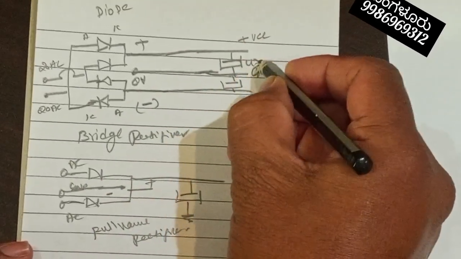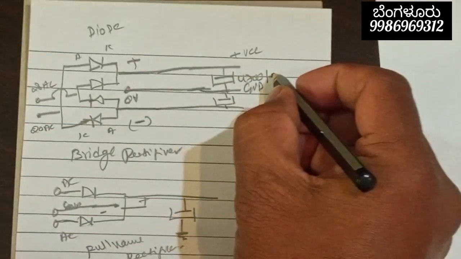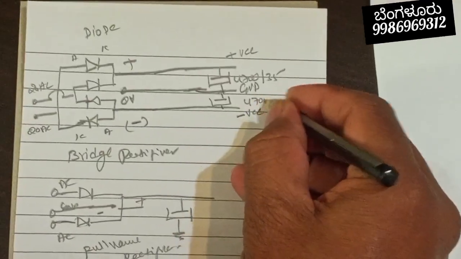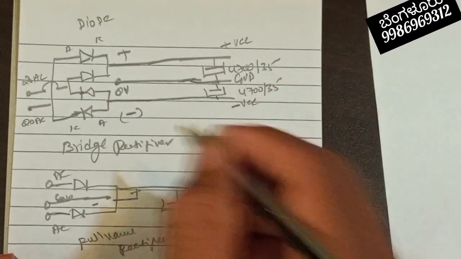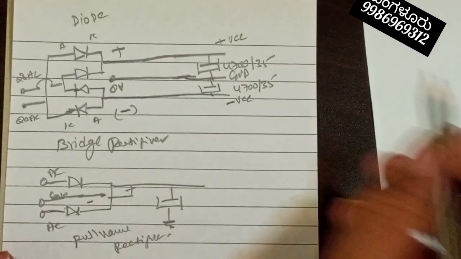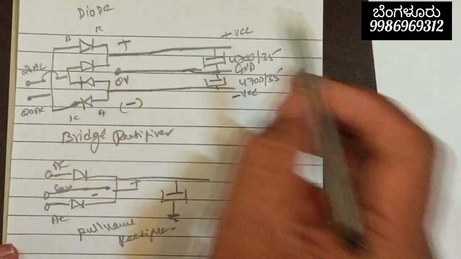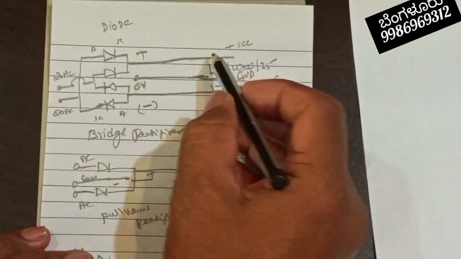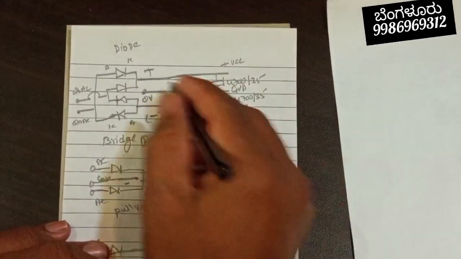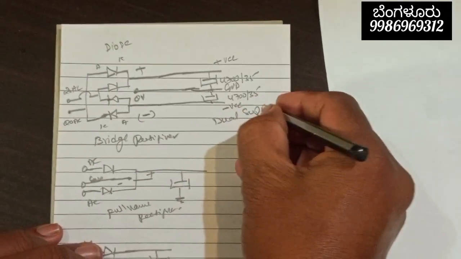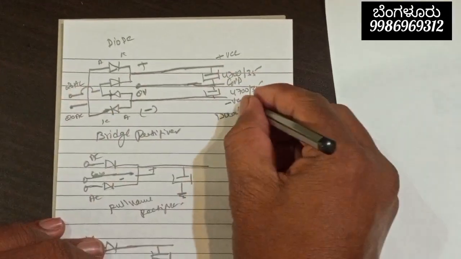For example, 4735 volts. This is also 4735 volts. You can use a capacitor. So this is 0 volt, plus, minus. So this is called dual supply. This is called dual supply.